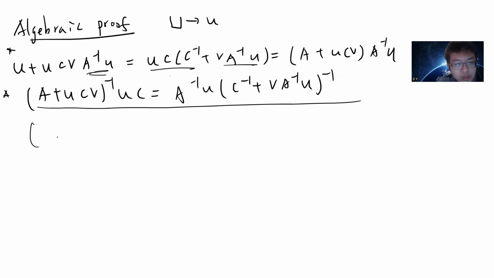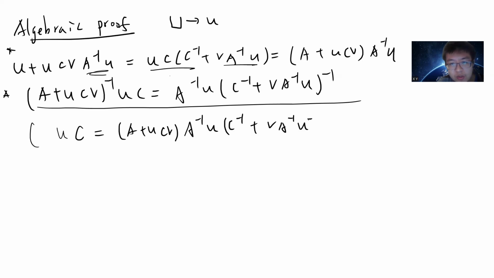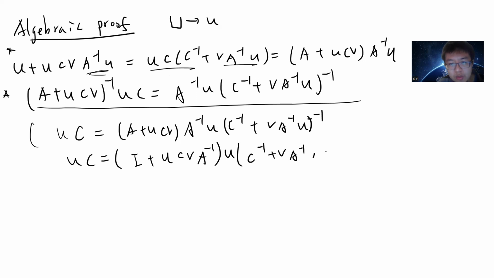So in order to prove this, you can basically just use the previous proof. I can just write this U C equals A plus U C V A inverse U C, times C inverse plus V A inverse U inverse.